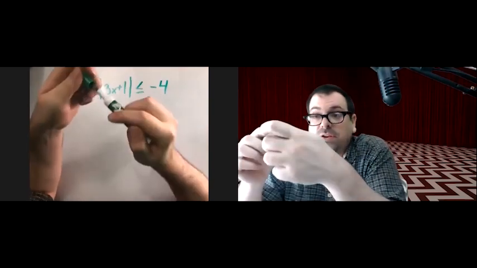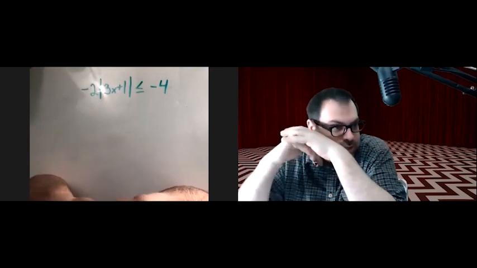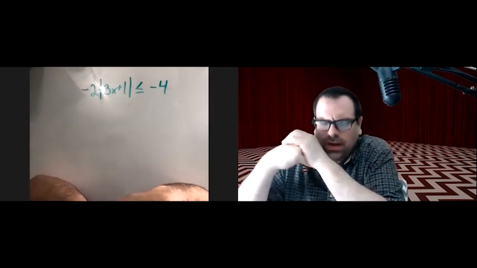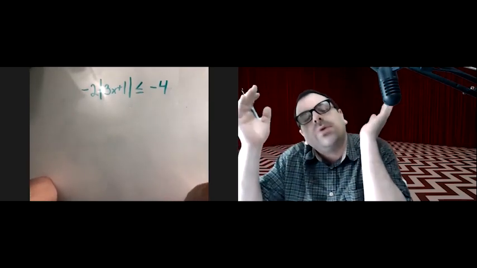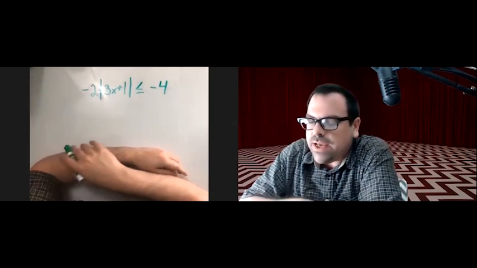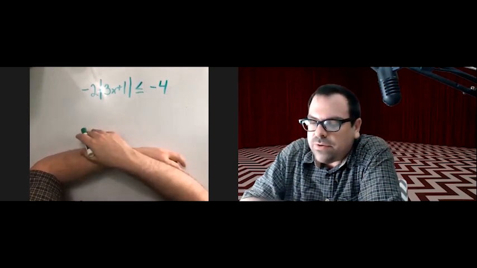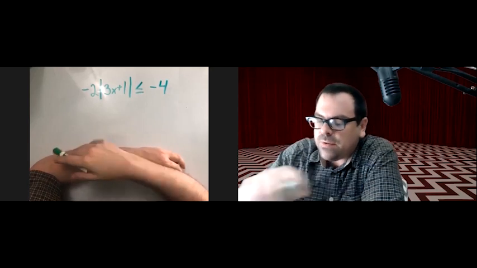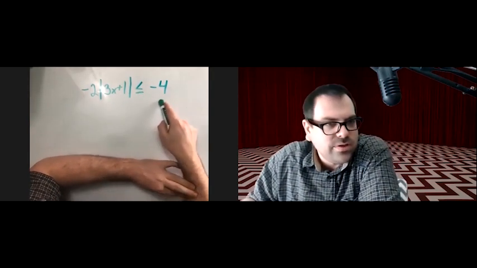Now, at first, you might look at this and think it's one of those special ones. It's not, though. And you're going, wait a minute, I was barely following you at the beginning of this, but you said that an absolute value can never be negative. So it can't be less than or equal to a negative, right?